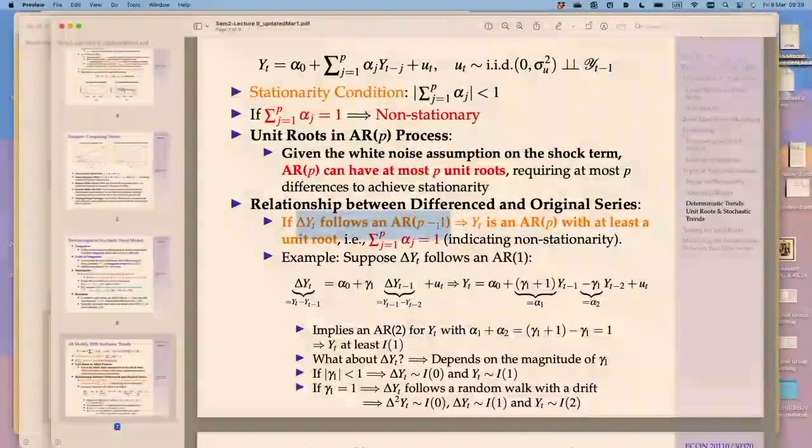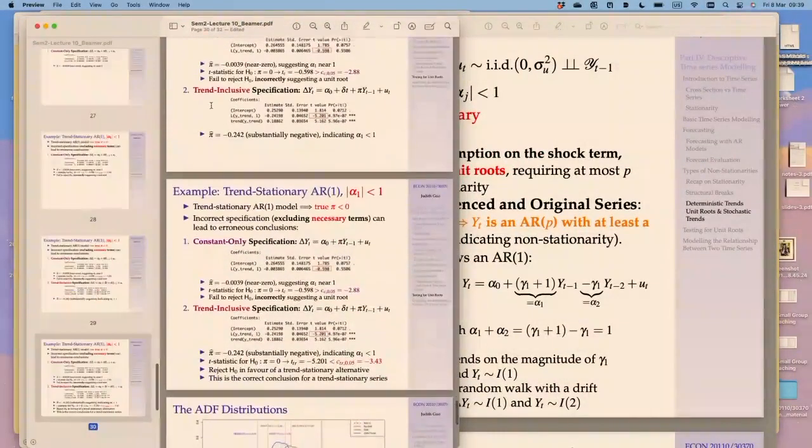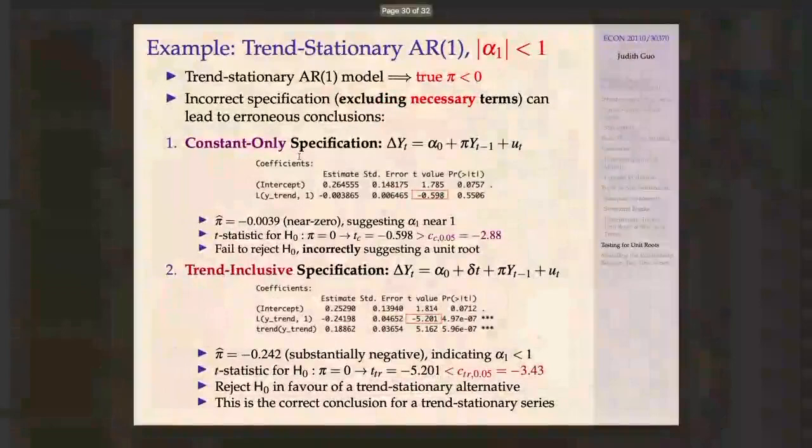Then comparing our test statistic, which is minus 5.20, with the critical value minus 3.43, it's more negative than that, which suggests we should reject the null hypothesis of a unit root in favor of a trend stationary alternative.